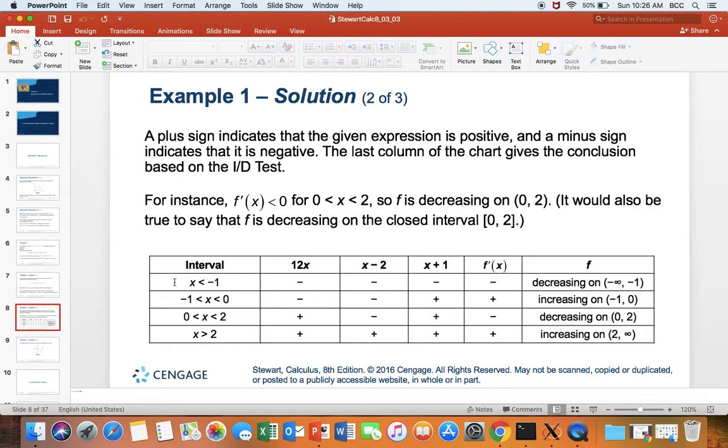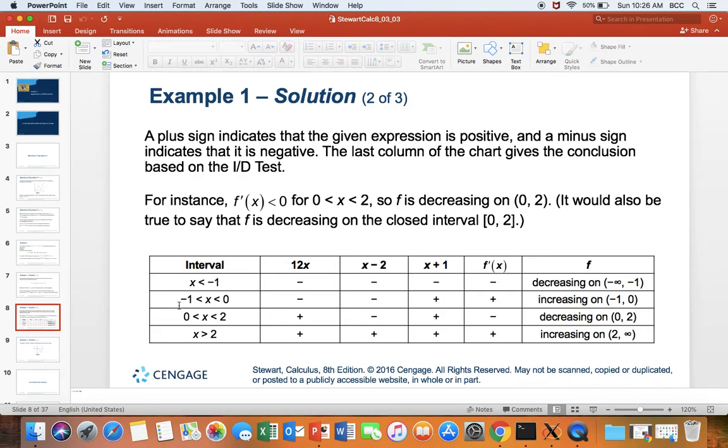Negative 2 plus 1 is negative 1, a negative. F prime is the product of these, and I just care about the sign. Negative times negative times negative, 3 negatives, is a negative.